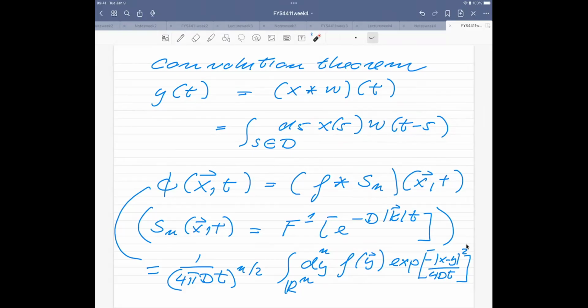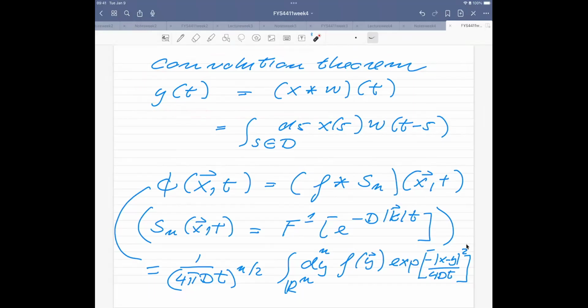I have a function which depends on x at a given t here, but then I have a function which I started with in the variable y. So that simply transforms this S of n here in terms of x minus y divided by this time dependence. What I've done here is simply to use this convolution theorem, and then I'm looking at my variables.